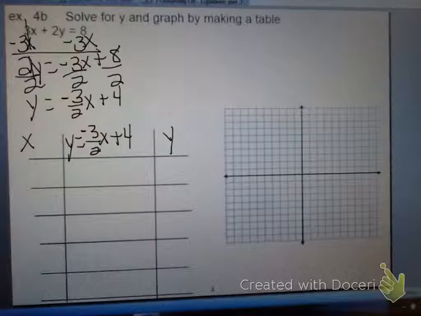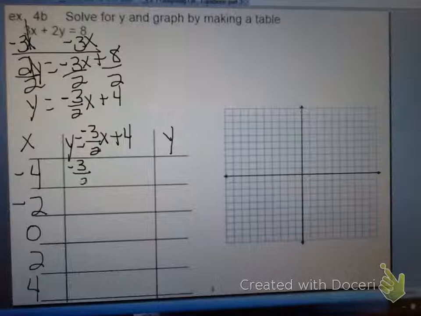Okay, now again, I have a fraction in front of x, so I'm not going to pick -2, -1, 0, 1, 2. I'm going to pick multiples of the denominator. Multiples of 2: -4, -2, 0, 2, 4. Now you could pick other numbers. Other multiples of 2 are 6, 8, -6, -8. I kind of like to keep them small.